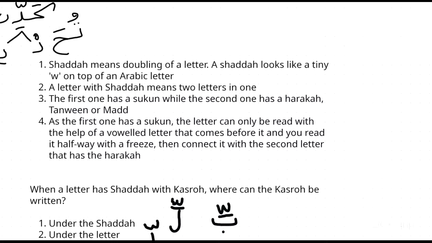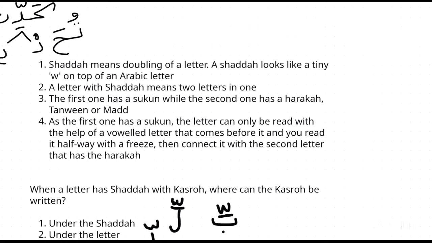Yes. Okay, so we're going to kill two birds with one stone. We're going to tackle our lesson on shadda and our lesson on sukun. So what does shadda mean? Shadda means doubling of a letter. A shadda looks like a tiny W on top of an Arabic letter.